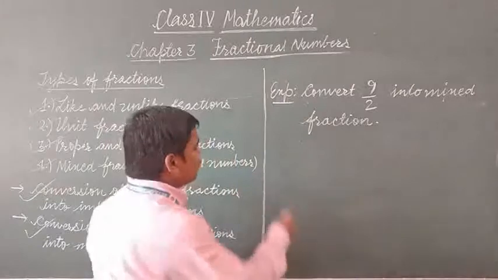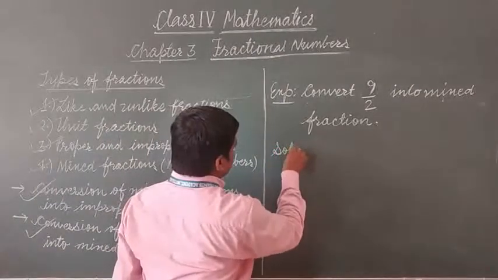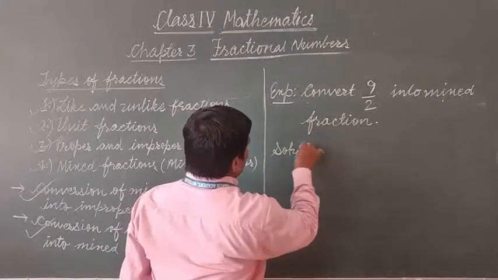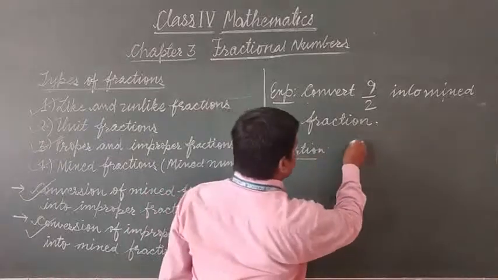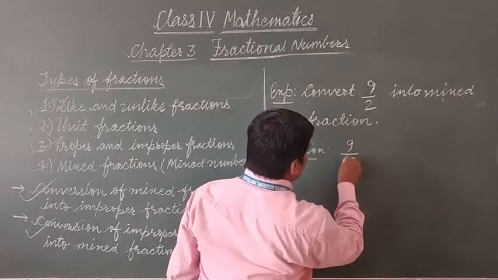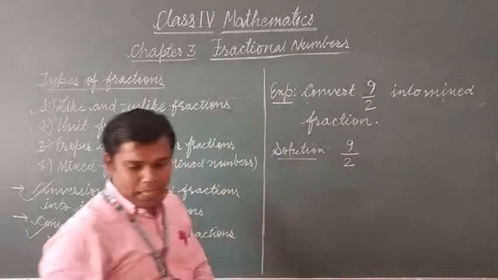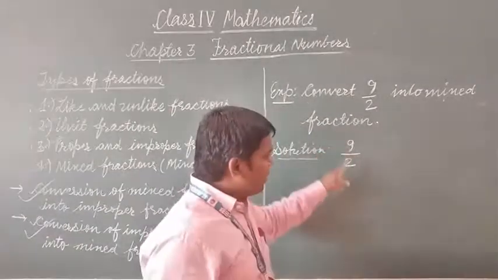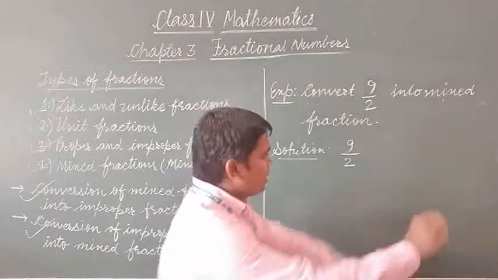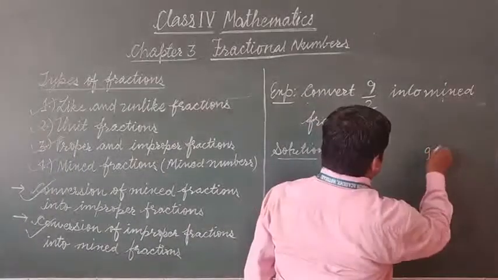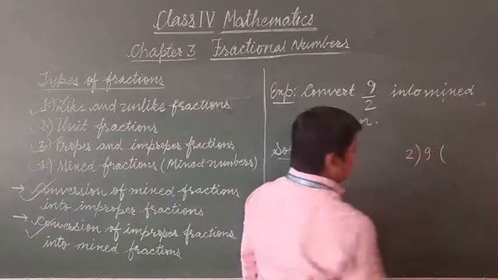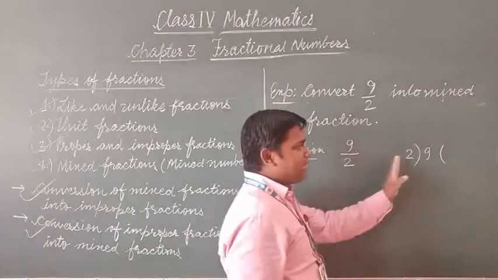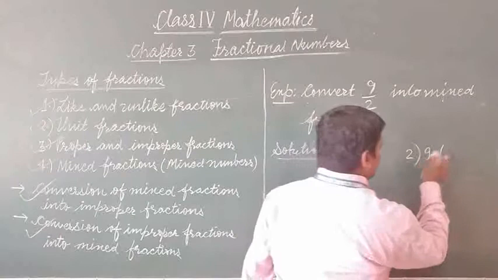So you will write your solution. See, the given improper fraction is 9 by 2. To convert it into mixed fraction, we divide the numerator by the denominator. So here I am dividing 9 by 2. You will read the table of 2 to reach up to 9.